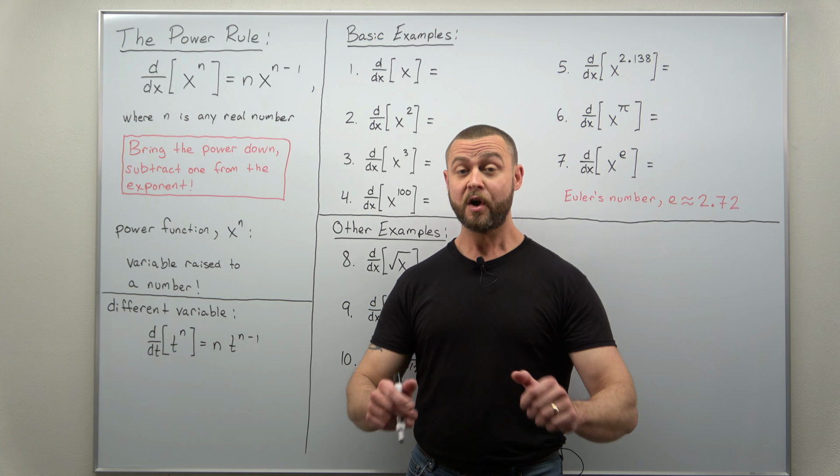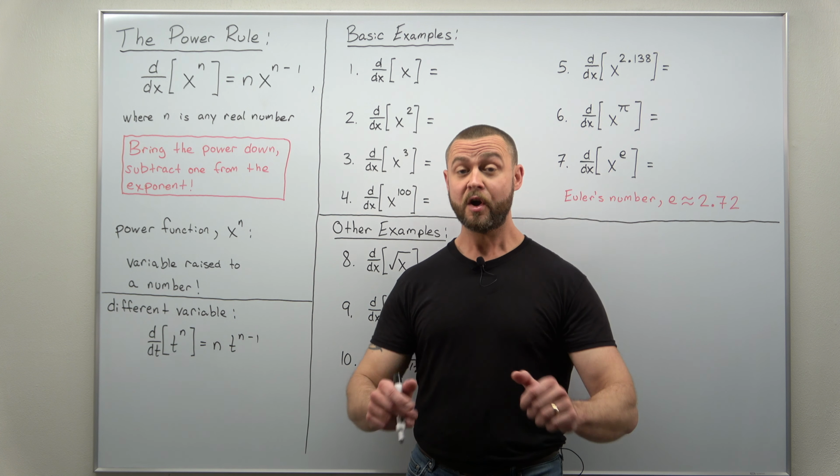Let's take a look at some standard examples so you can understand how to use the power rule. Let's start with the simplest power of x, just x, but make sure you can identify that as x to the 1.